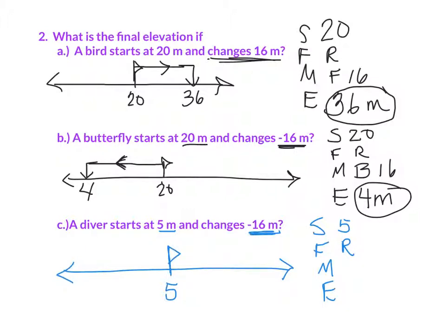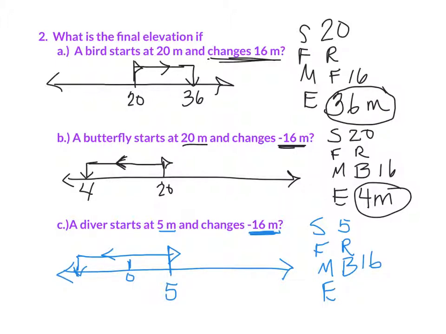And our diver changes negative 16. So that means we're going to go back 16. So back would be in this direction. So I'm moving backwards, and it's going to be 16 back. So that means I should take notice of when I hit 0. We'll make 0 there. And then it keeps going in this direction, ending about here.